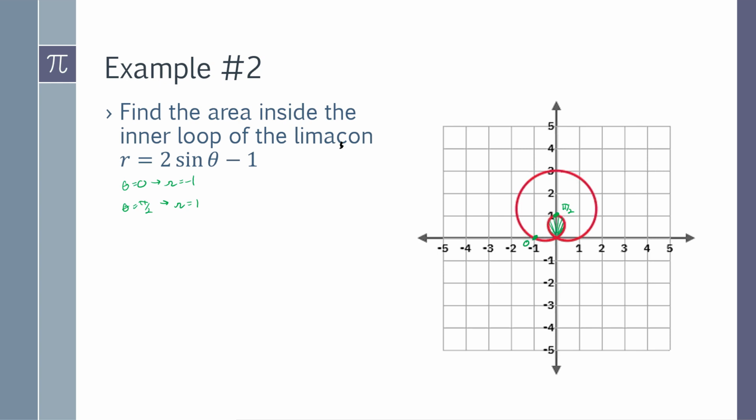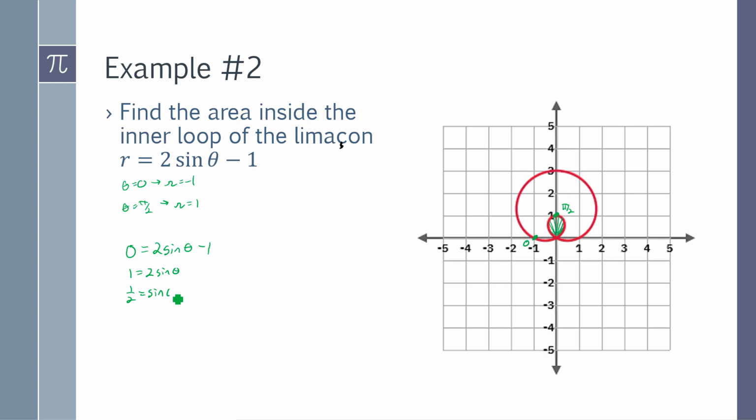Somewhere between 0 and pi over 2, I start that inner loop. I notice the inner loop is at the origin, so my radius has to be 0 when I start and end the loop. So I need to solve for theta to find out when I'm going to start and stop that loop.